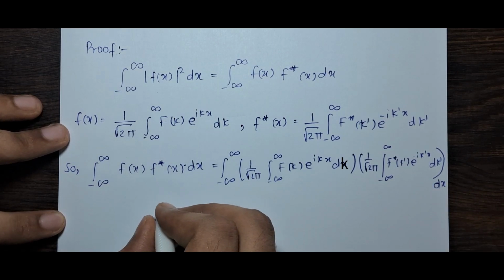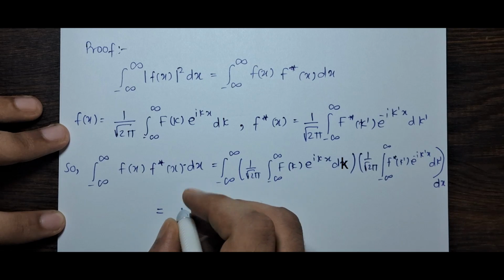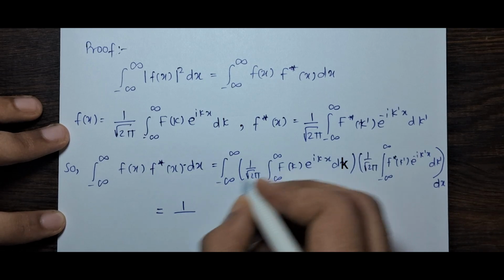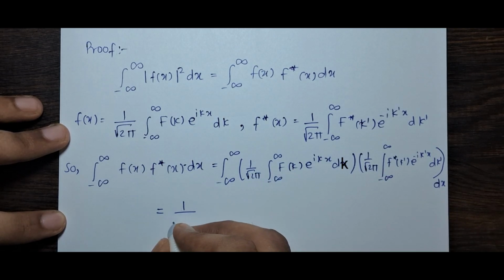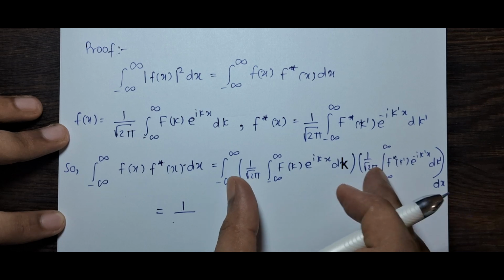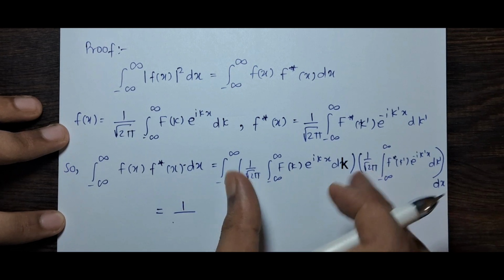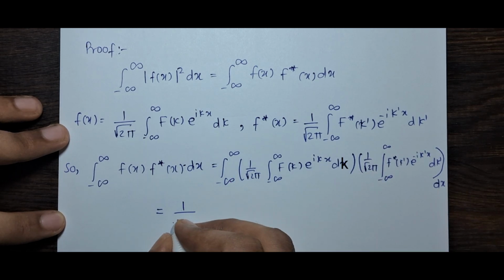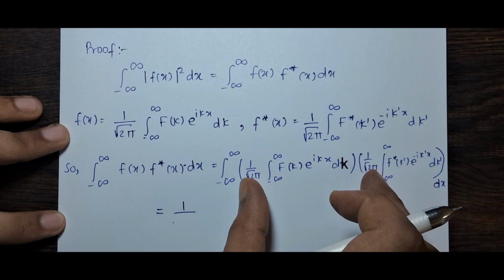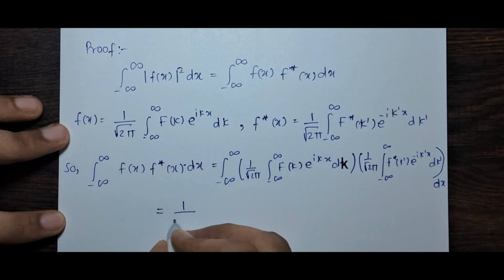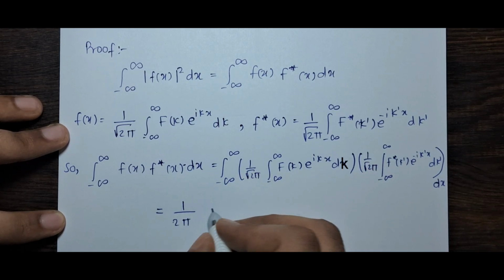Now further we take out constants or whatever remains common. So root 2 pi remains common. This root becomes square, so this multiplies with each other, and this becomes 2 pi, not square, my bad.